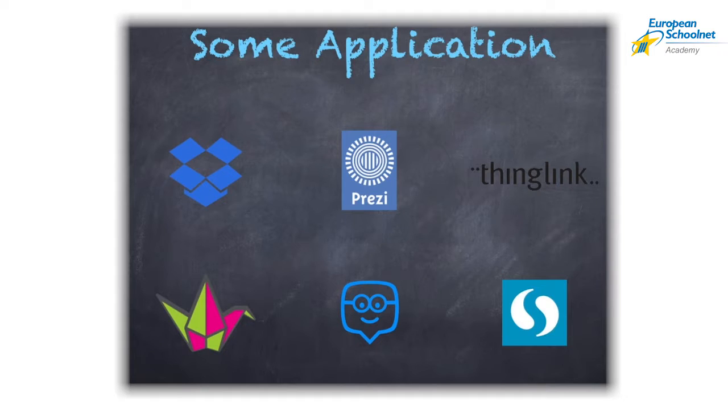Another engaging application is ThinkLink. This application is useful because from one image, you can choose your own image or something proposed on the website, you can put on the image some links or add video or add audio. So from only one image you can give your students so many inputs.